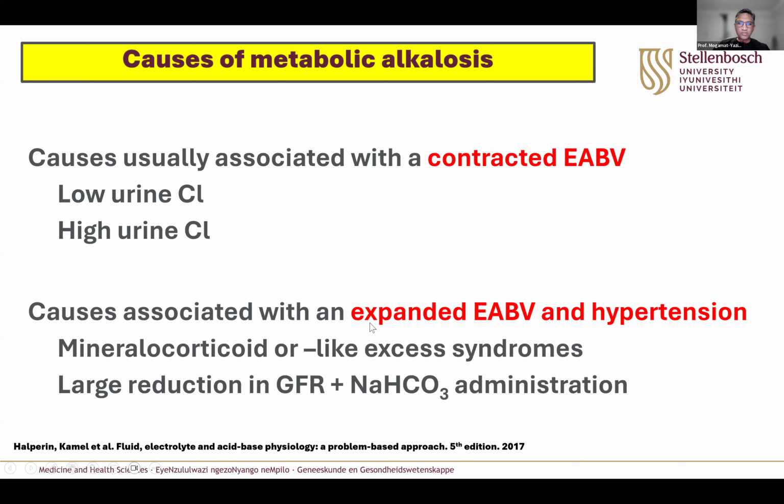Then the other cause for an expanded effective arterial blood volume with hypertension is a large reduction in the GFR. So patients with acute kidney injury or advanced chronic kidney disease who are given either oral or IV sodium bicarbonate administration.